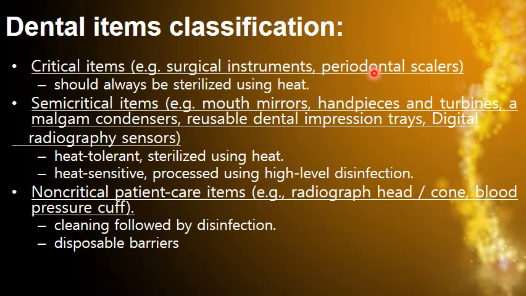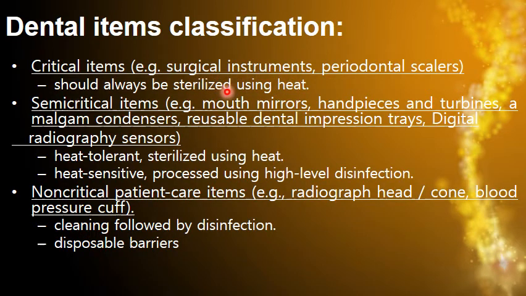sterilized with heat. The other category is semi-critical items, which are items that come in contact with the mucous membrane of the patient, not the wound, like mirrors, handpieces, turbines, amalgam condensers, impression trays, and digital radiograph sensors.